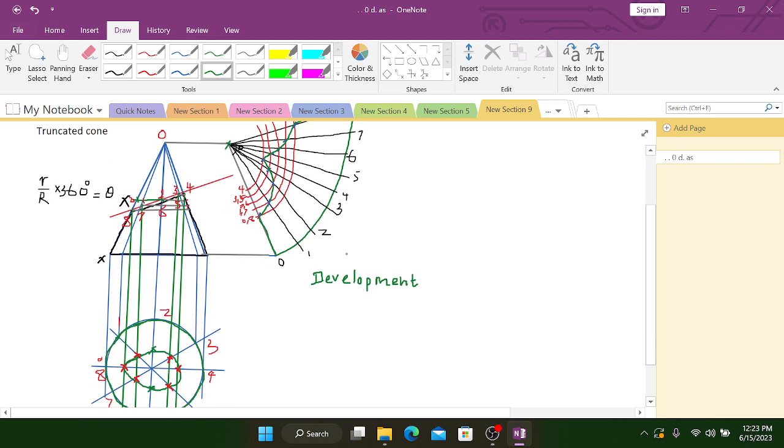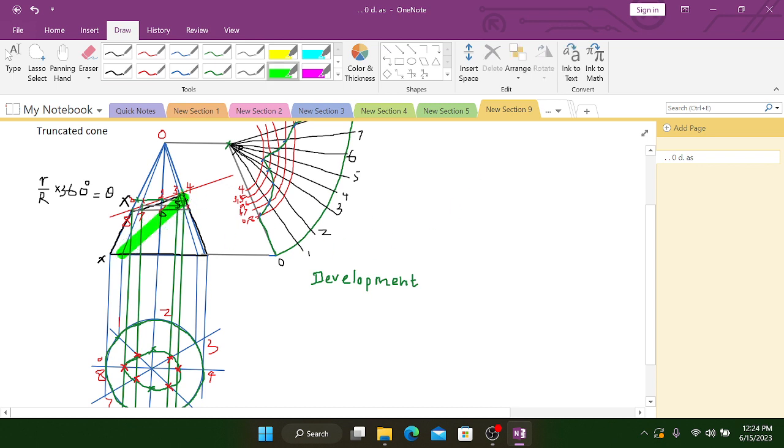Then if it is cut along here, through this point, say I am going to cut in this way.